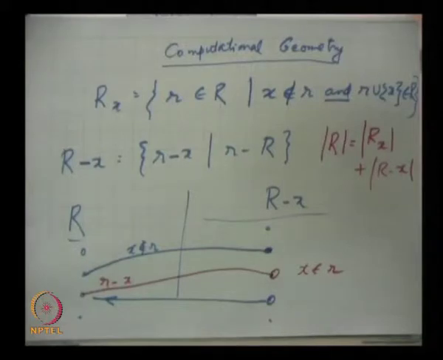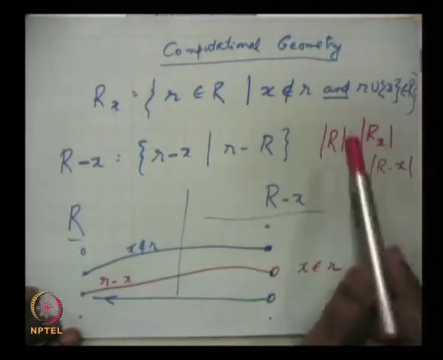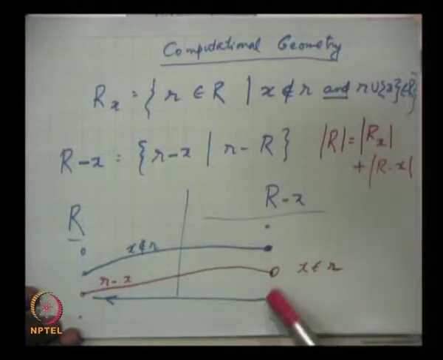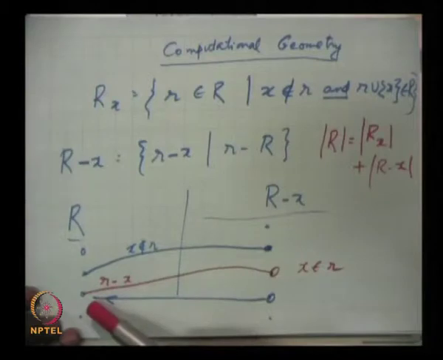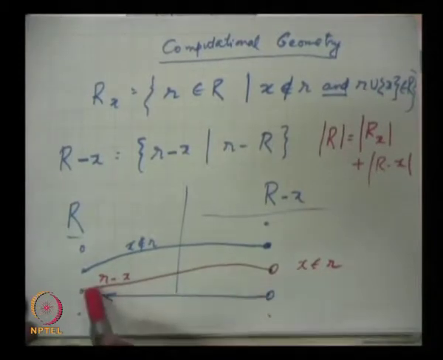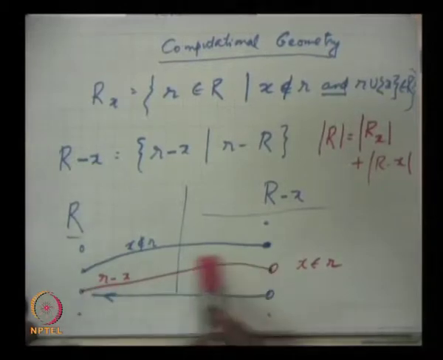When does it happen? When two ranges are overall the same but one has an extra point X. So you have a range in R such that both this and this are mapped to the same range. So R union X also belongs to R, and taking out X, that also belongs to R. Both of the ranges will get mapped to the same range in R. If both of them are getting mapped, it means that this range is without X, and this has the X, so both of them are getting mapped here.